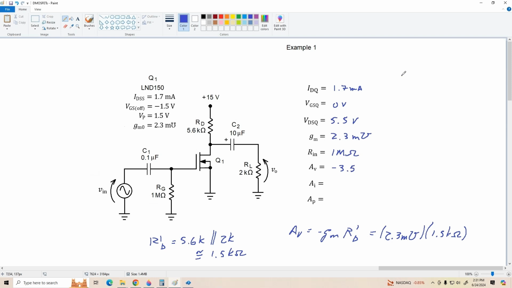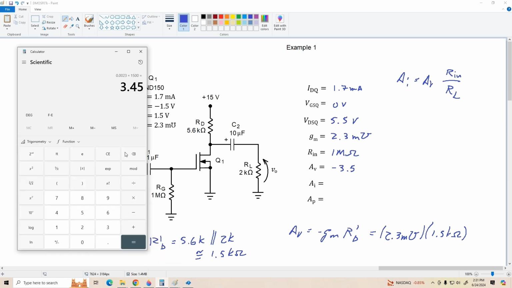The current gain, remember, is equal to AV times RIN over RL. So we've got, let's see, AV is 3.45. We'll just leave it at that, times 1 meg divided by 2000, and about negative 1725.